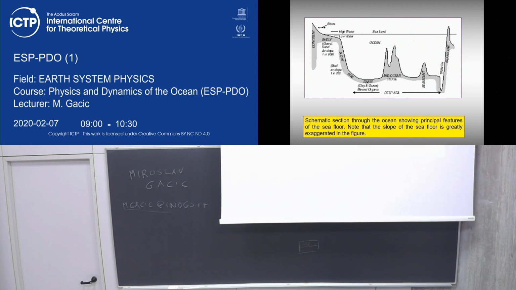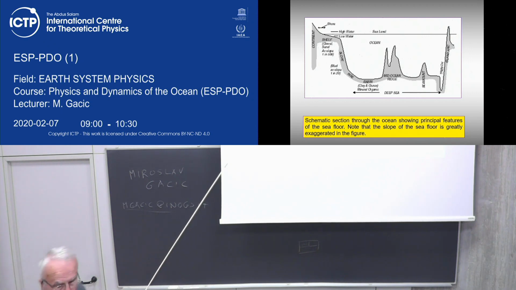What is important to note here is this: the slope of the seafloor is greatly exaggerated in the figure. What is important about this? We said that the ocean is typically 5 kilometers deep, but the ocean is at the same time about 10,000 kilometers wide.